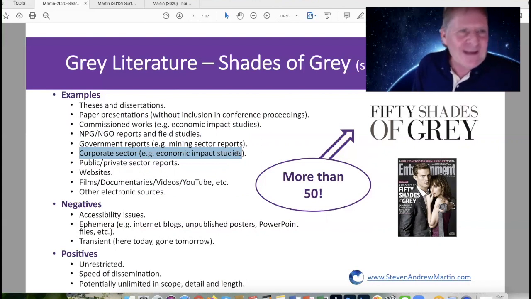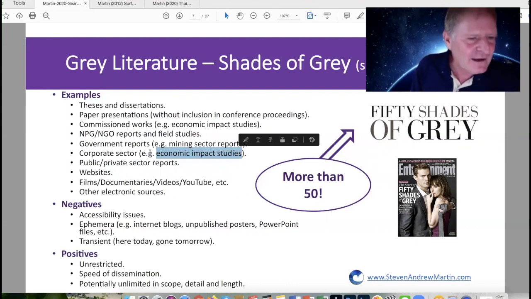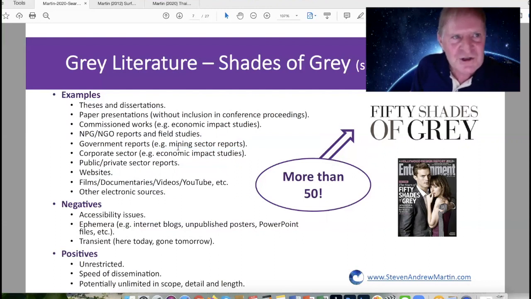For example, Quicksilver did an economic impact study of their surfing contest, the value of their surfing contest to their sales in Phuket. Can you get that? And the answer is no. Quicksilver's not going to release their tricks of how they made their money because the other surf companies want to grab that and do what they did and make money, right? So a valuable report, but not available through normal channels.